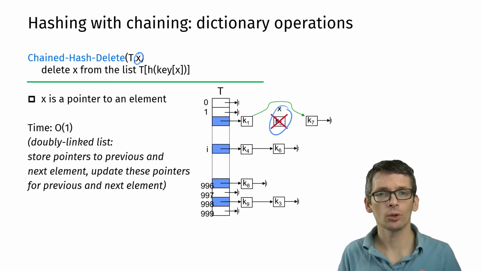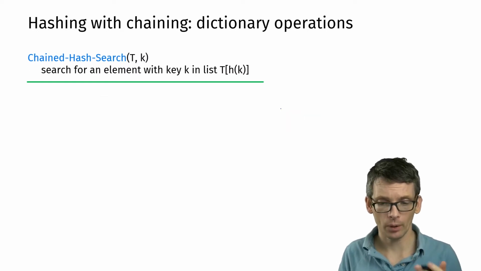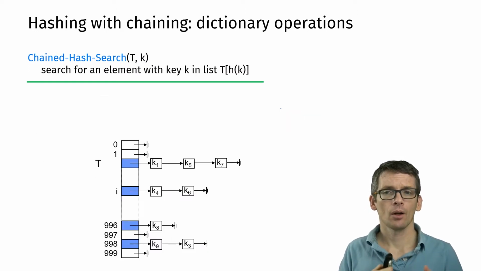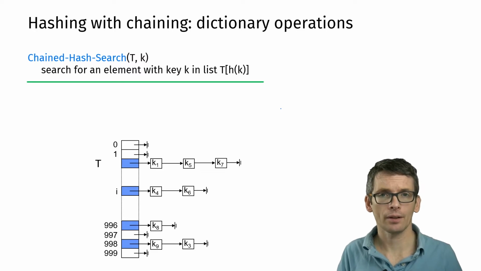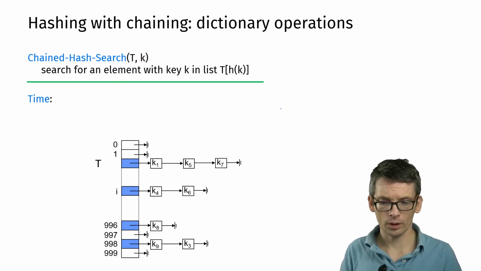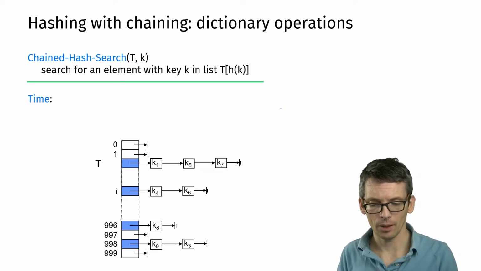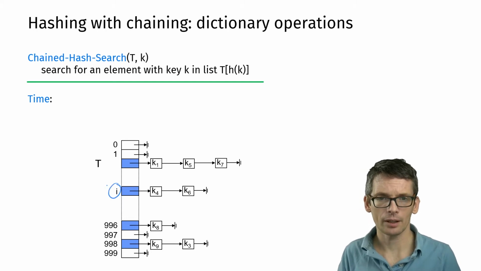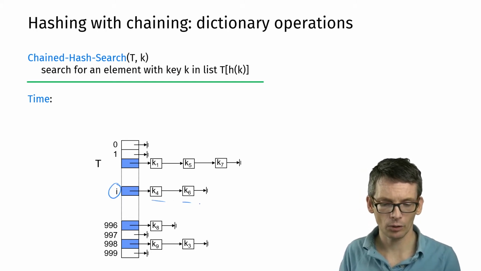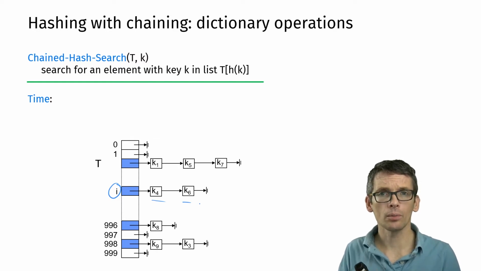Now we need to search. Searching again is straightforward. We take the key, we go to the corresponding table entry, let's say that's I again, and then we search through the list until we find the element. So let's assume that element is not actually in the table.